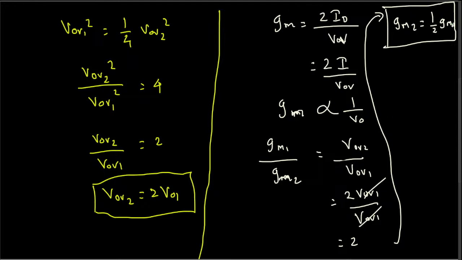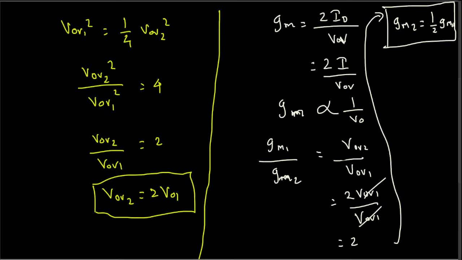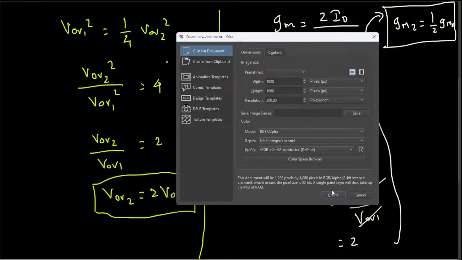Okay, and the next one is asking, and V_out over V_in is double of the original circuit. Output voltage over input voltage is nothing but the gain. And if you look at the equation for the gain, A naught is equal to gm times the output resistance.